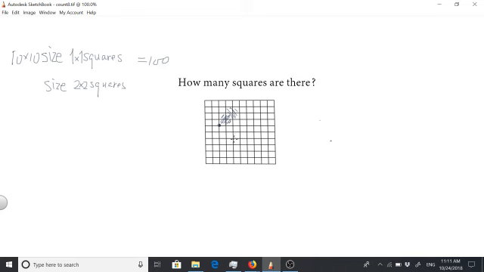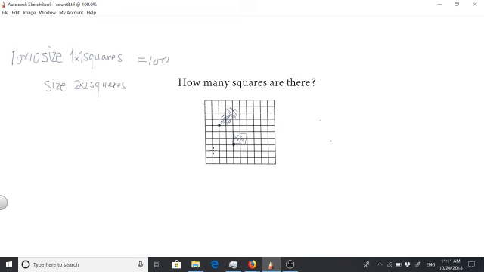Basically, you fix the lower left corner, and then you actually fix the square, because if the lower left corner is here, then your square is this 2 by 2 square. So each square corresponds to a lower left corner, and we just need to count how many lower left corners there are.